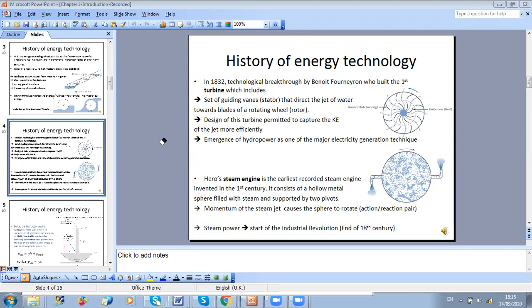Okay, so it consists of a hollow metal sphere filled with steam and supported by two pivots. The momentum of the steam jet will cause the sphere to rotate. So you are converting the kinetic energy of the steam jet into rotational mechanical energy. And from the invention of steam power, we have the start of the Industrial Revolution at the end of the 18th century.